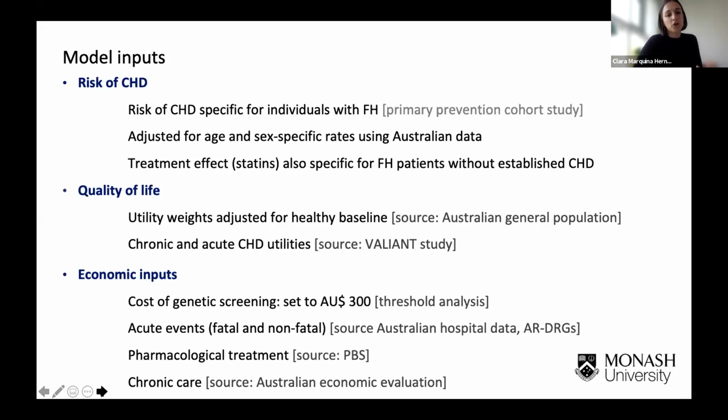Now, regarding the economic inputs, of course, one of the most important inputs was the cost of the genetic screening. We decided to set it up to $300 Australian based on threshold analysis that we ran. And then the cost of acute events, the cost of pharmacological treatment, and the cost of chronic care, all of those come from Australian specific sources.